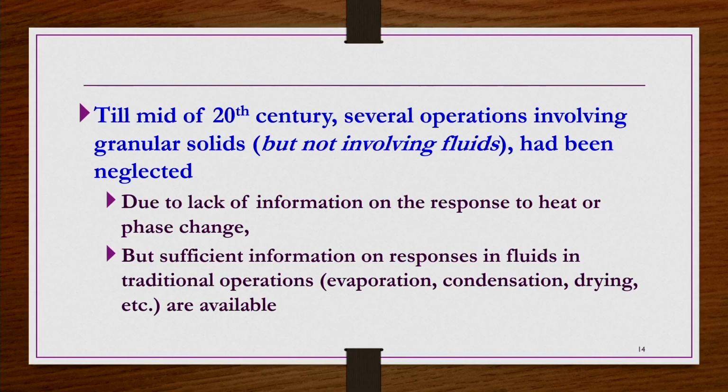Nowadays, a lot of research is going on into granular solids, and many methods are coming up to handle them, but we will be discussing the existing knowledge about granular solids. Sufficient information on responses in fluids is available for traditional operations like evaporation, condensation, and drying, but for solids, the response to heat or phase change is not available. That is why unit operations involving granular solids have been neglected until the recent past.